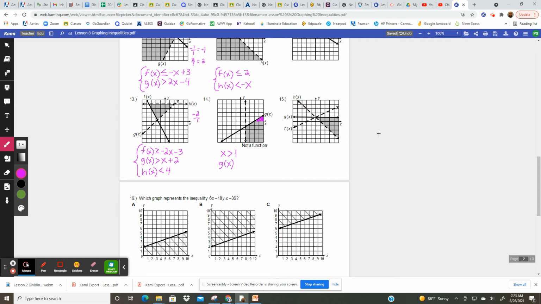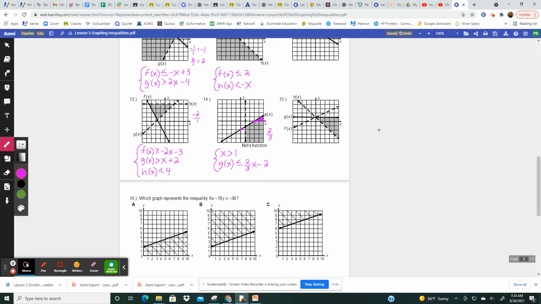So g of x is less than or equal to my m, let's see, I'll use this point and that point. So I'm going to go up 2, so that's positive 2, over right 1, 2, 3. So 2/3 x, and that's minus 2. Just like that.